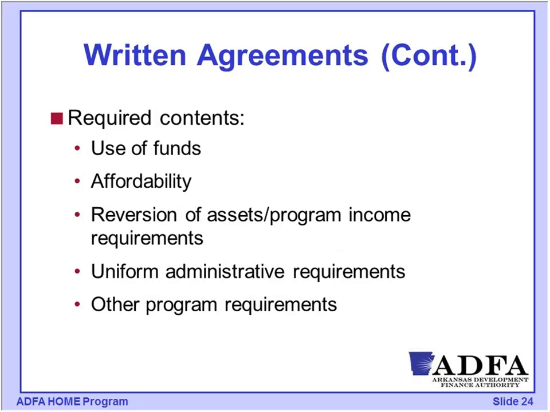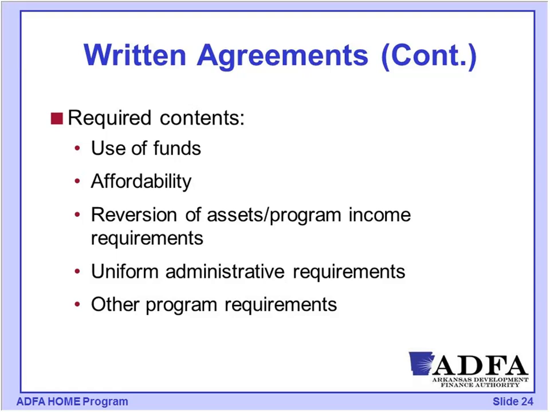So there are some home-specific required things that need to be included in those written agreements. So the use of funds, that agreement needs to lay out for the funds that you're receiving, how are they expected to be used, who is the target recipient of that. All of those regulations would be a part of that.